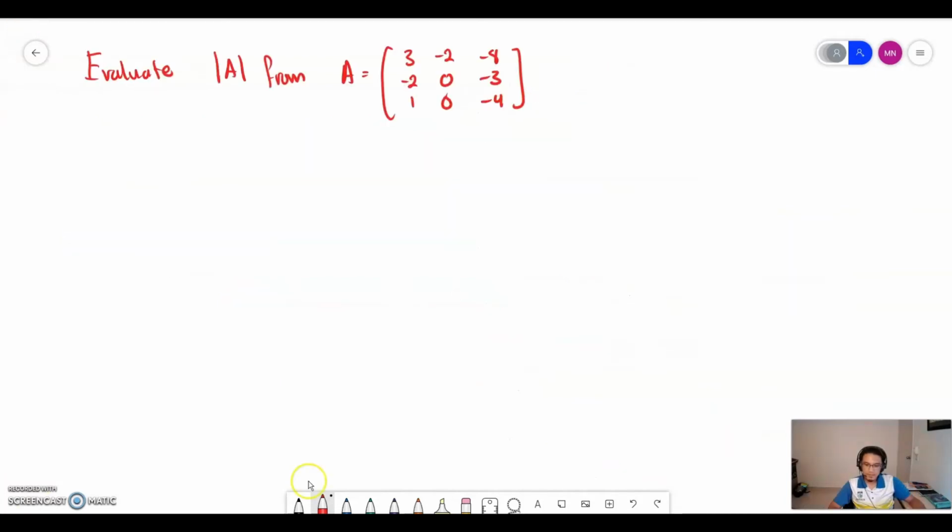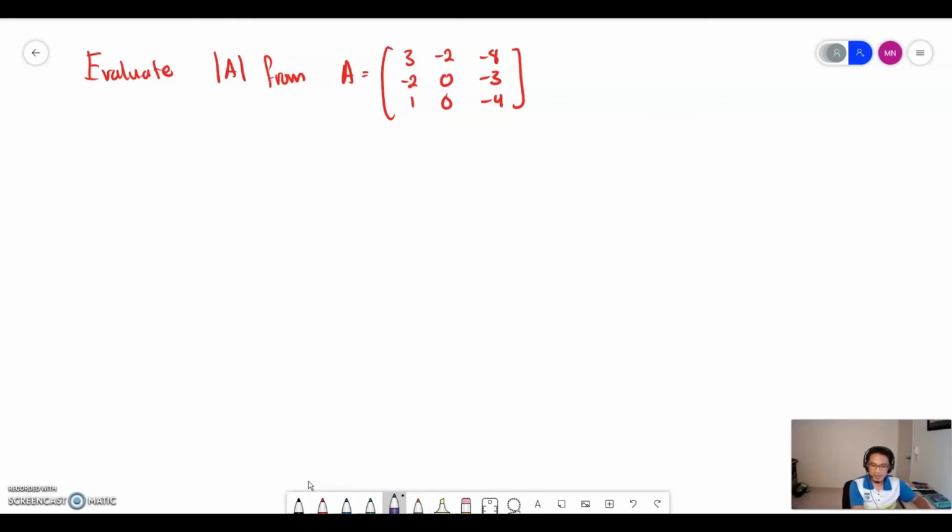Now let's do another example to determine the determinant from another matrix. We have a matrix A, a 3 by 3 matrix. We want to find the determinant for this matrix A. As I said before, you can choose any row or any column to calculate the determinant.